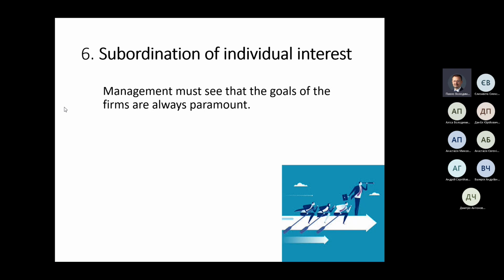Subordination of individual interests to group interests. Actually, speaking a little bit forward, it is a part of the organizing function. An organization is a group with conscious objectives, and all the members of the group must perform activity to attain these common objectives.